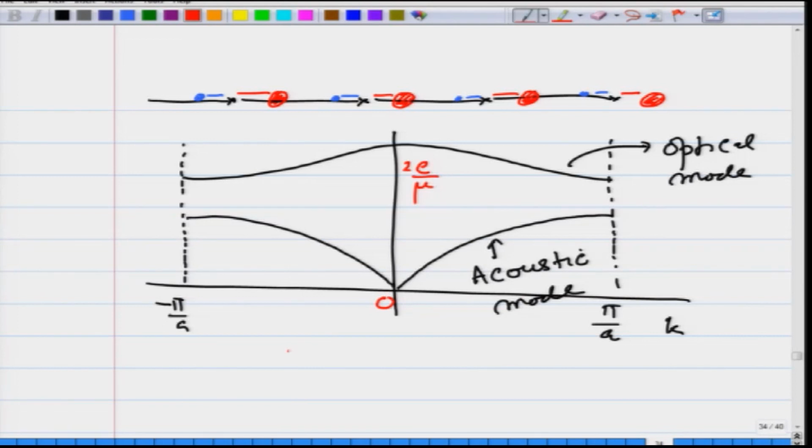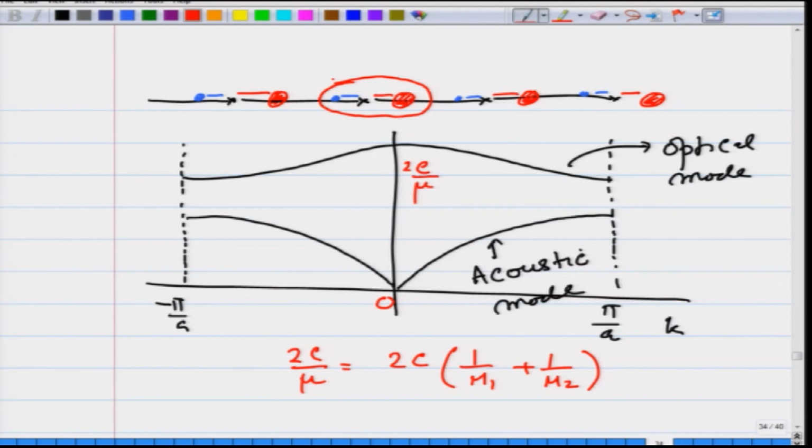So, you see that when I look at 2 c over mu, which is 2 c times 1 over m 1 plus 1 over m 2, it is a vibration as if the atoms are vibrating within themselves, right. It is as if it is a vibration of this atom with itself, right.